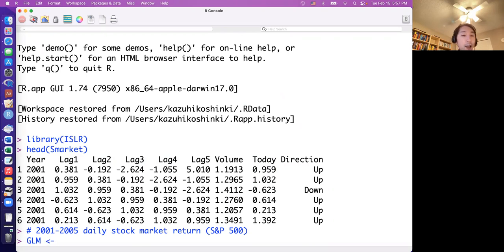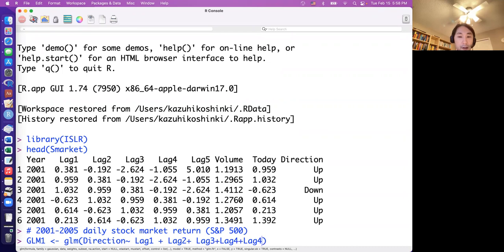And we use the glm function, the generalized linear model function. So this is a more general function than lm. lm is for linear model. And the glm, Direction ~ Lag1 + Lag2 + Lag3 + Lag4 + Lag5 + Volume.